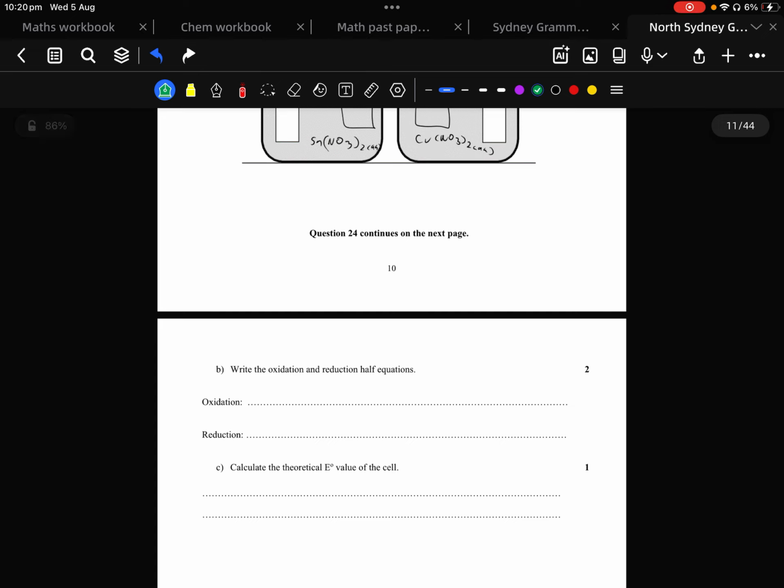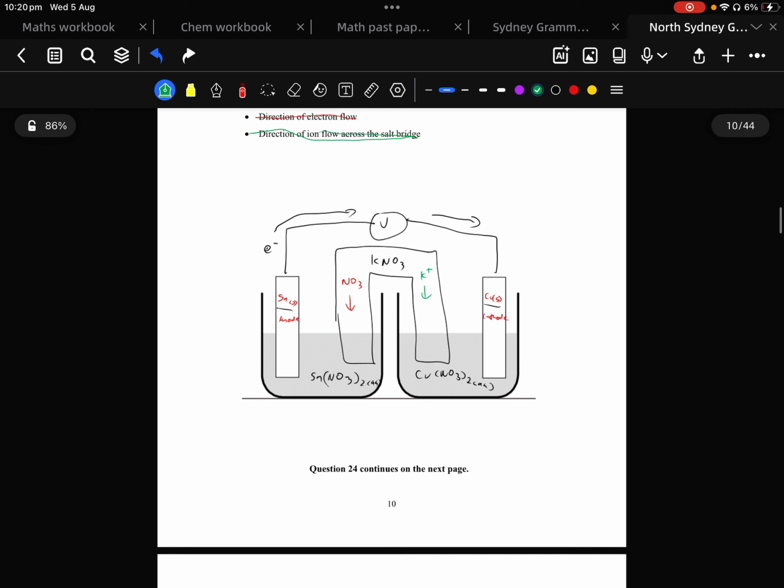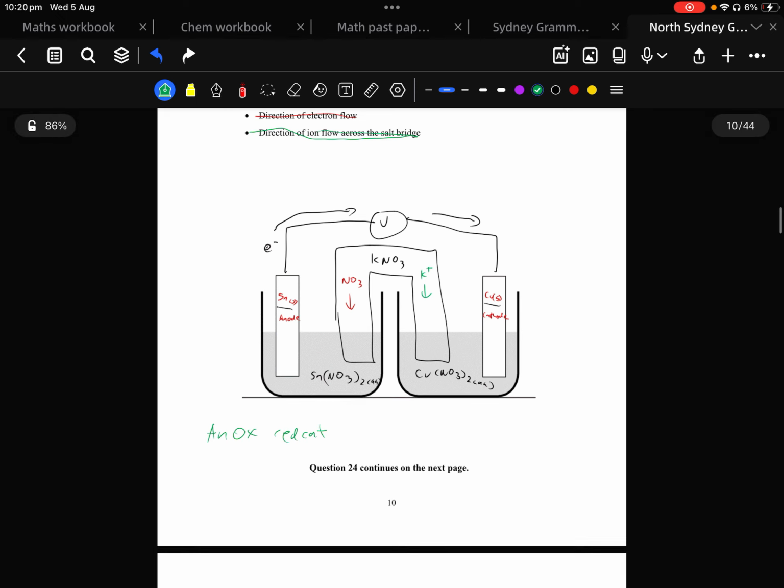Write the oxidation and reduction half equations. So we know tin is the anode, and using the acronym AN OX, RED CAT, the anode undergoes oxidation, so tin undergoes oxidation.